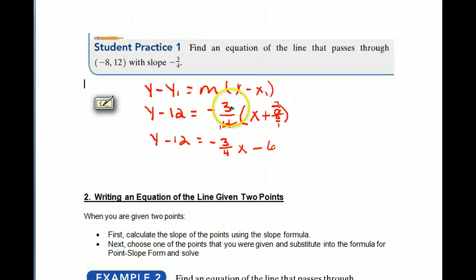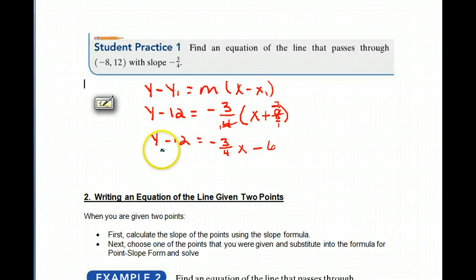We could have also thought of that as negative 3 times 8 would give us negative 24 over 4 times 1 gives us 4. 24 divided by 4 gives us the 6 right there. So two ways to think of it.